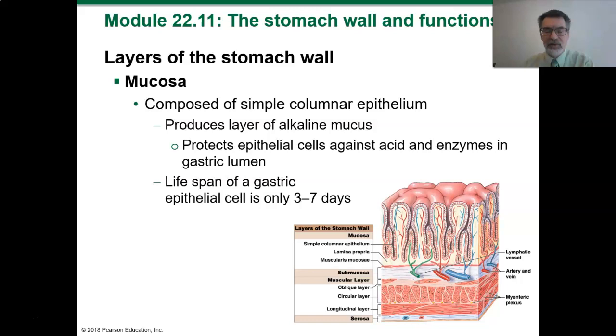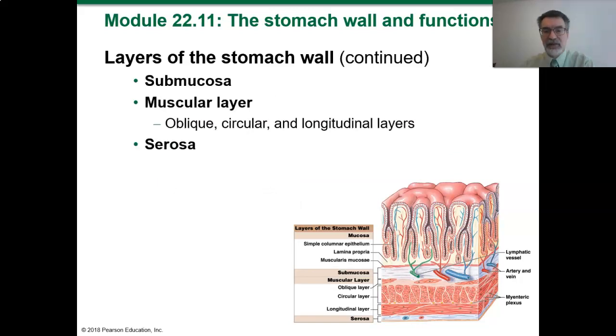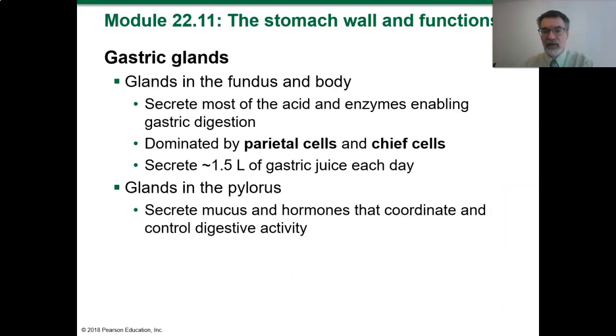These are downward projecting folds in the lining of the stomach versus projecting outwards. These are what we call gastric pits. The submucosal layer still has the blood vessels, lymphatic vessels, and nerves passing through. We've got 3 layers of muscle, and then we have that serosa layer.